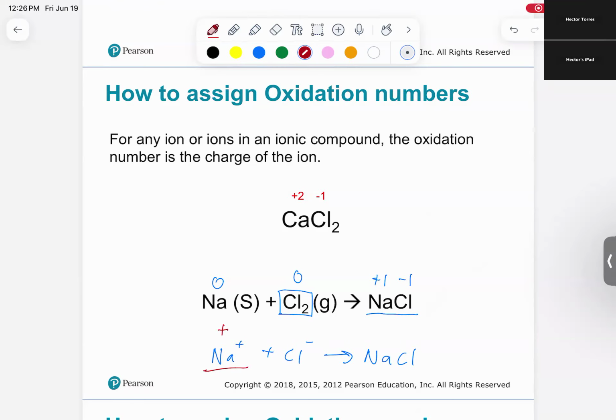So it's going to be +1. Cl has that negative charge, so it's going to be -1. And so that's how we apply this rule: for any ion in an ionic compound, the oxidation number is the charge of the ion. So if we see a charge, that's going to match the atom.